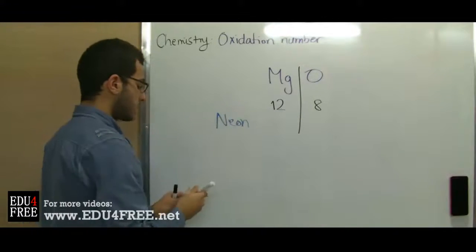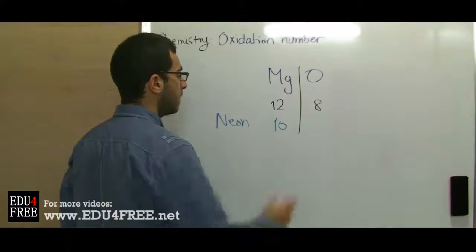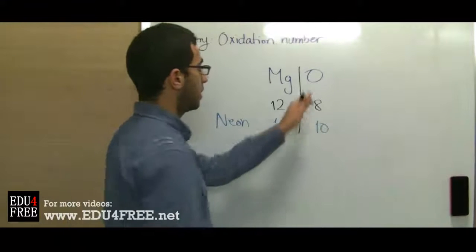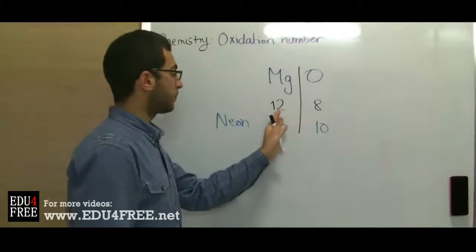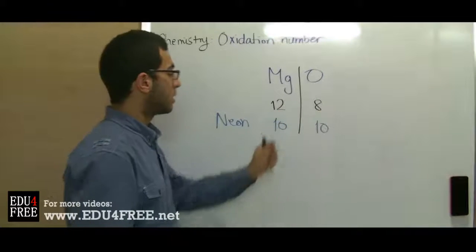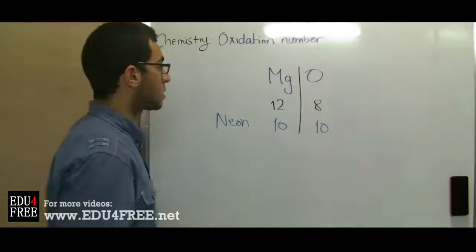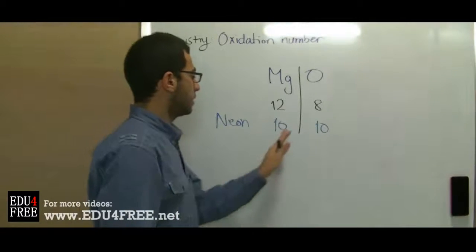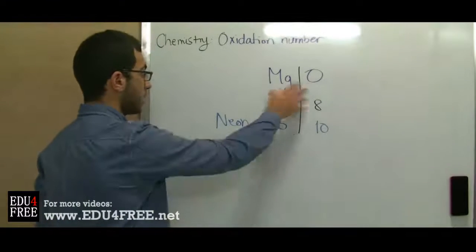So we need to reach the electronic configuration of 10 electrons in magnesium and also 10 electrons in oxygen. So here magnesium loses 2 electrons and gives them to the oxygen, so that here becomes 10 and there becomes 10. It's also an ionic reaction. So this is an ionic compound.